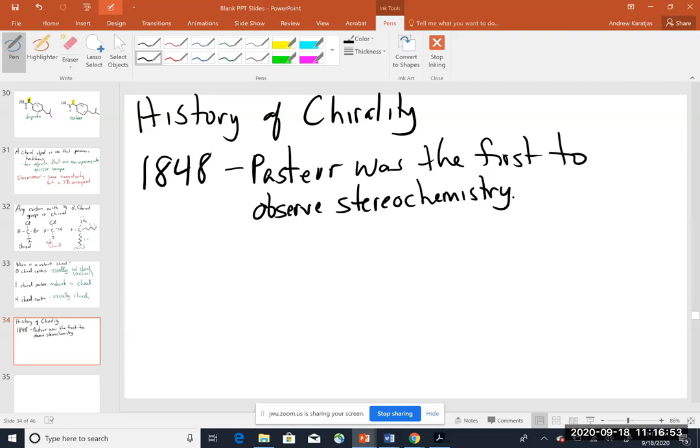And how did he discover this? Well, he ran into this molecule. This compound is known as tartaric acid.